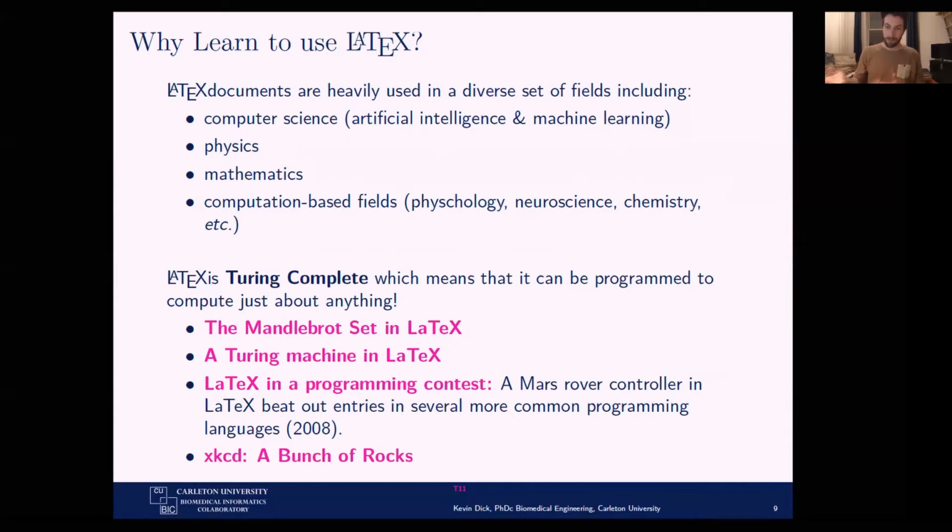But really artificial intelligence, machine learning, and anything that's physics, math, or heavily computation-based fields. So things like computational psychology, computational neuroscience, computational chemistry, most of these fields will heavily use LaTeX.